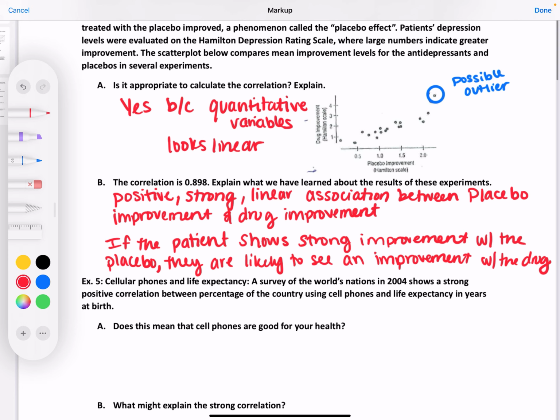Well, if it's positive, then the cell phones are dependent. I mean, your health is dependent on the cell phone. It's positive.